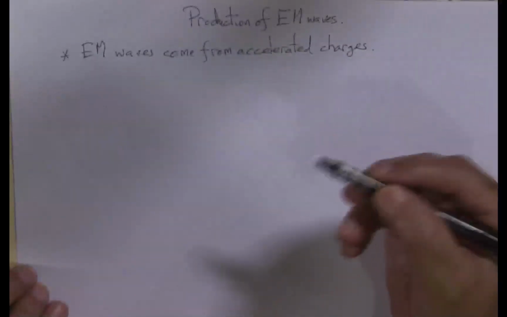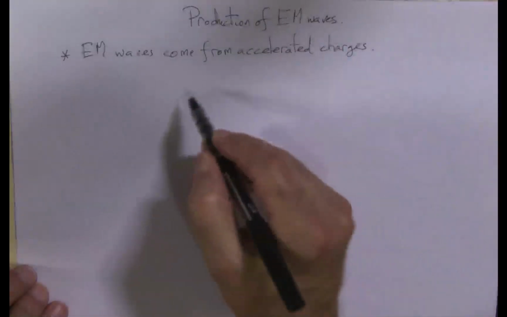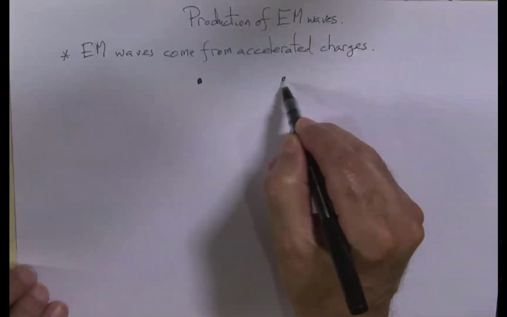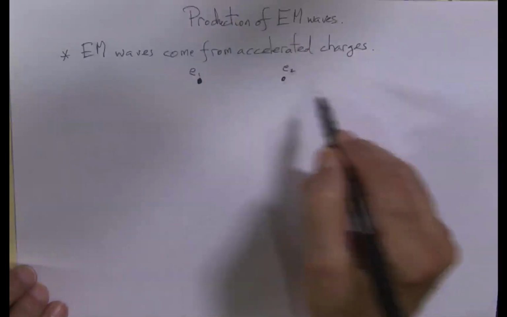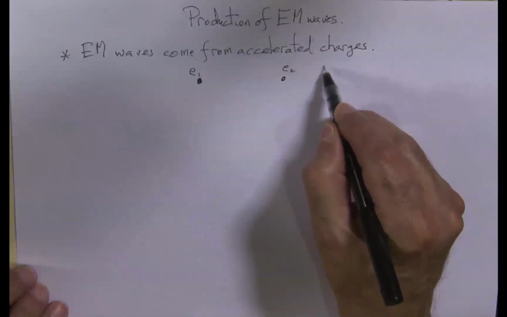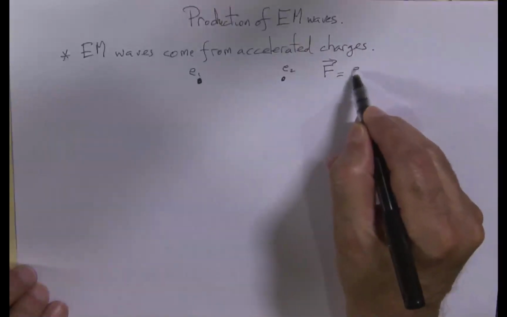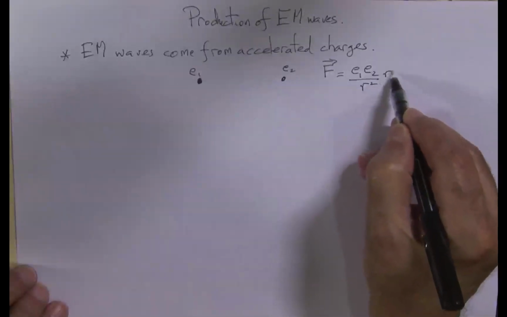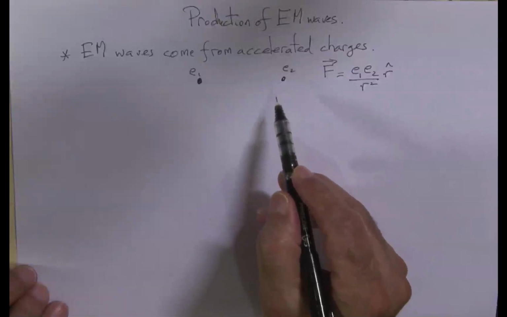But although this follows from Maxwell's equations, let me give you a qualitative understanding of this. So suppose that this is a charge over here and this is another charge over here. You know Coulomb's law very well. That law says that the force between these two is just q1 q2 over r squared into the unit vector that connects them, like this.